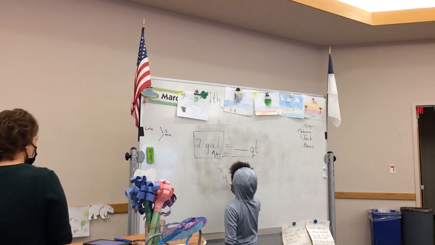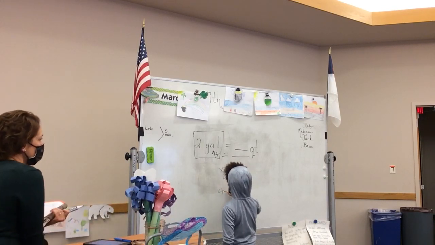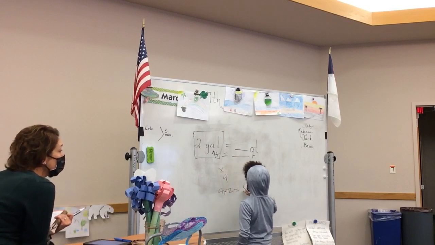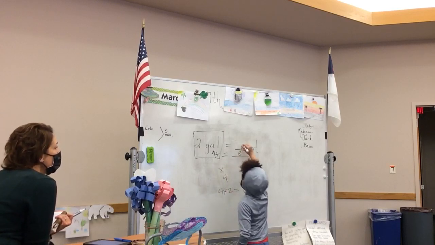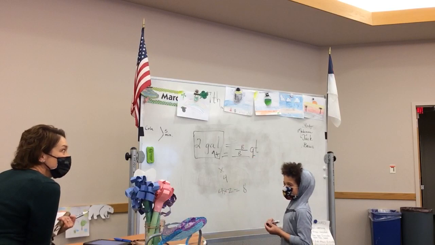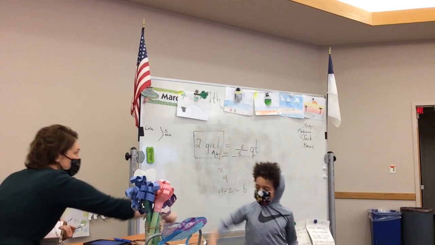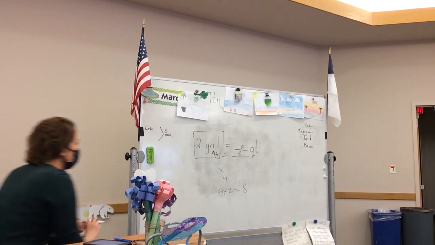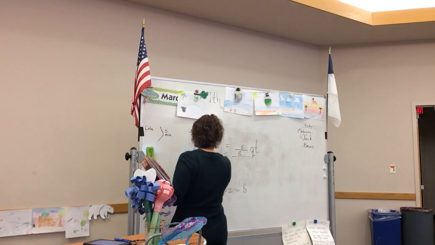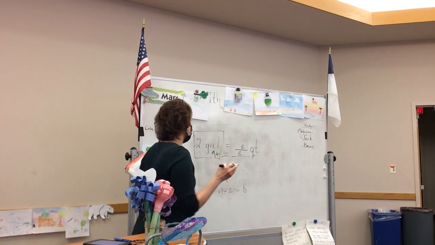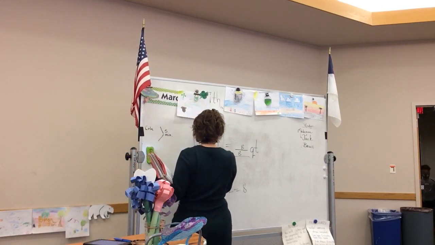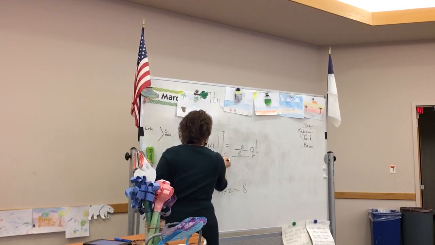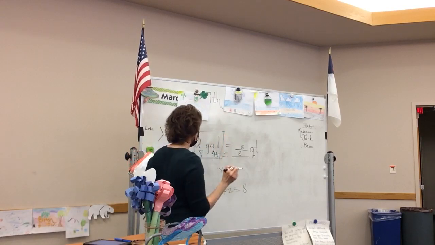Good job. Very nice. Good job. All right, so the first thing, and you forgot to do the little first thing you do, is convert it into the different way of writing it. So you put them in the box, as he so beautifully did.